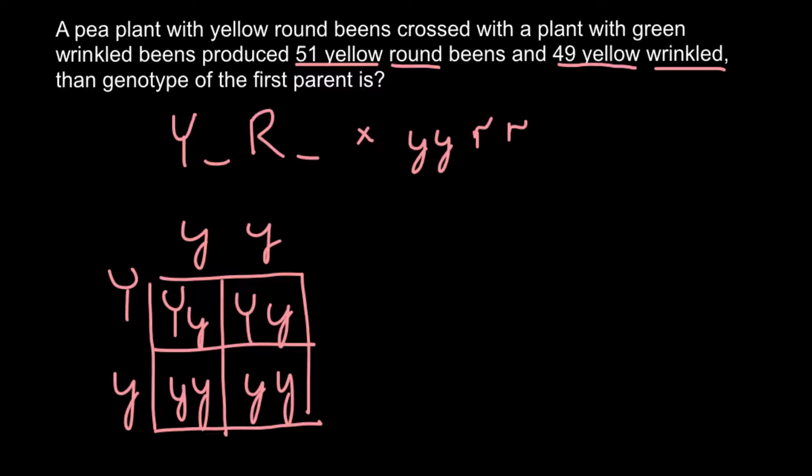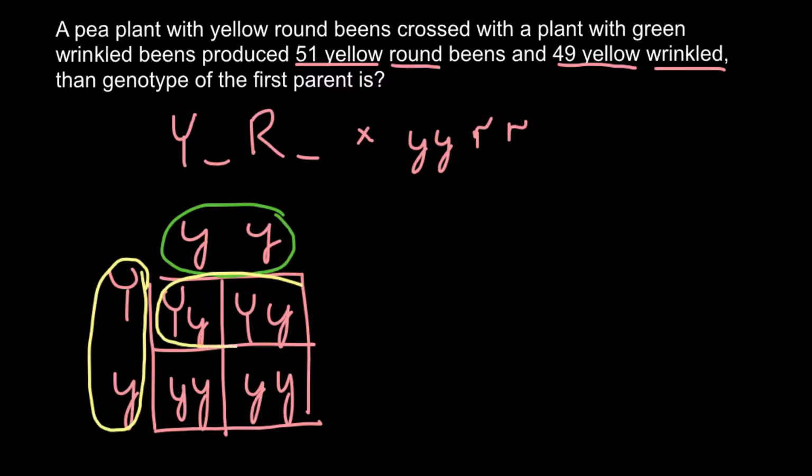As you see, the phenotype of this parent would be yellow, the phenotype of the second parent would be green, and in the progeny 50% would be phenotypically yellow and 50% would be green. So we would see a 1:1 ratio, but according to our problem all the progeny is yellow.